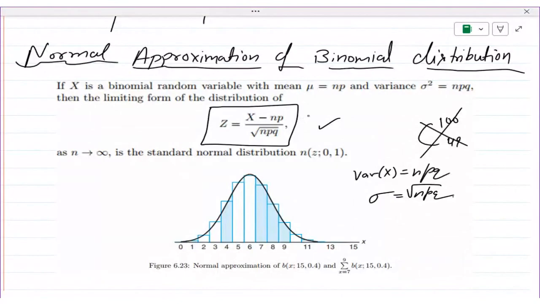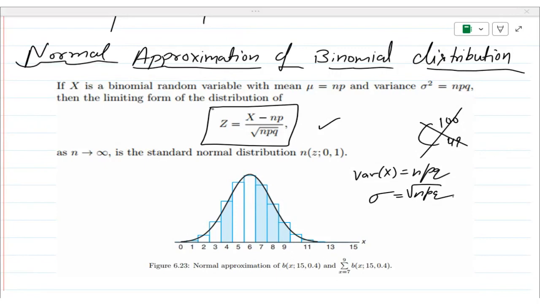Now the problem is the binomial distribution is a discrete distribution. On the other side, the normal distribution is a continuous distribution. So how can we approximate a discrete distribution with a continuous distribution? This is the problem. In the binomial distribution we have discrete values: either there will be 0 successes, or 1 success, or 3 successes.